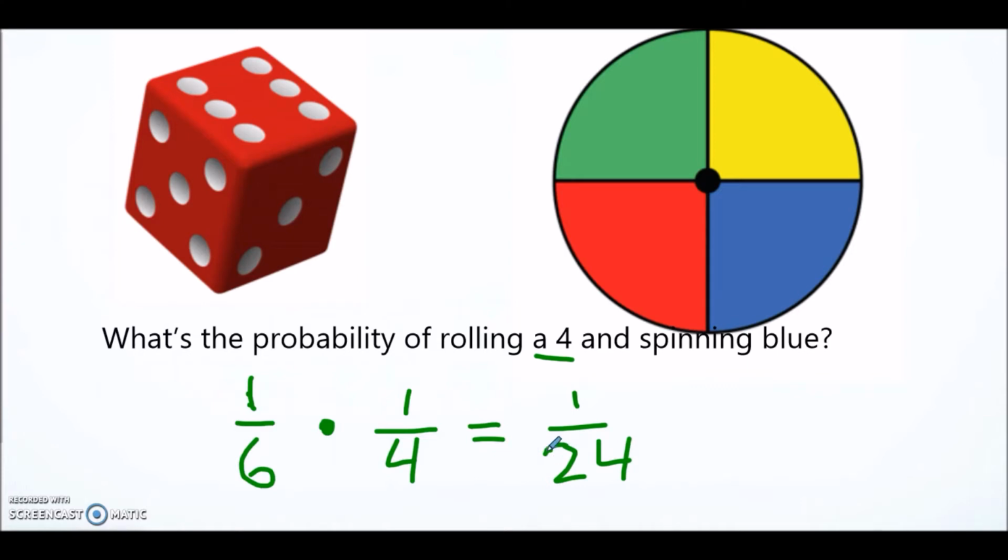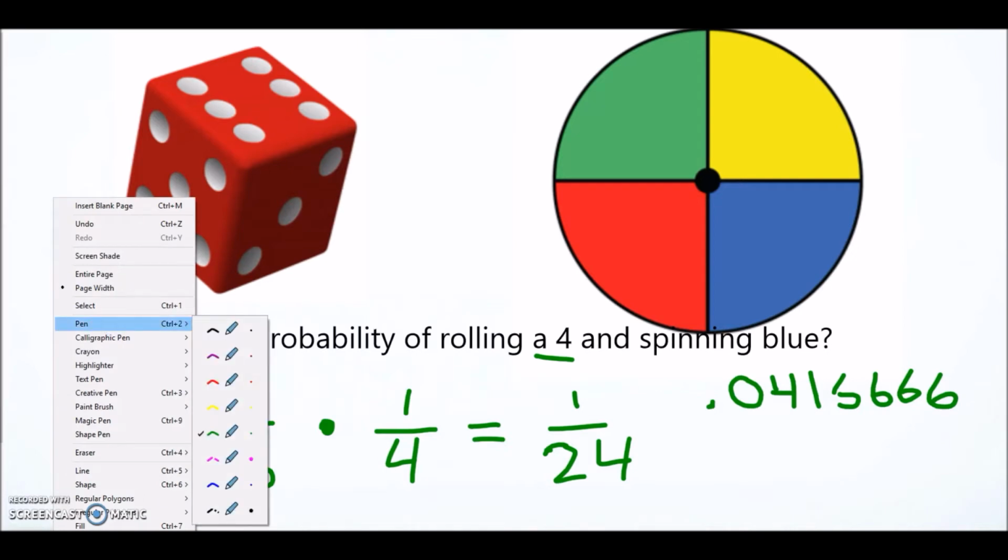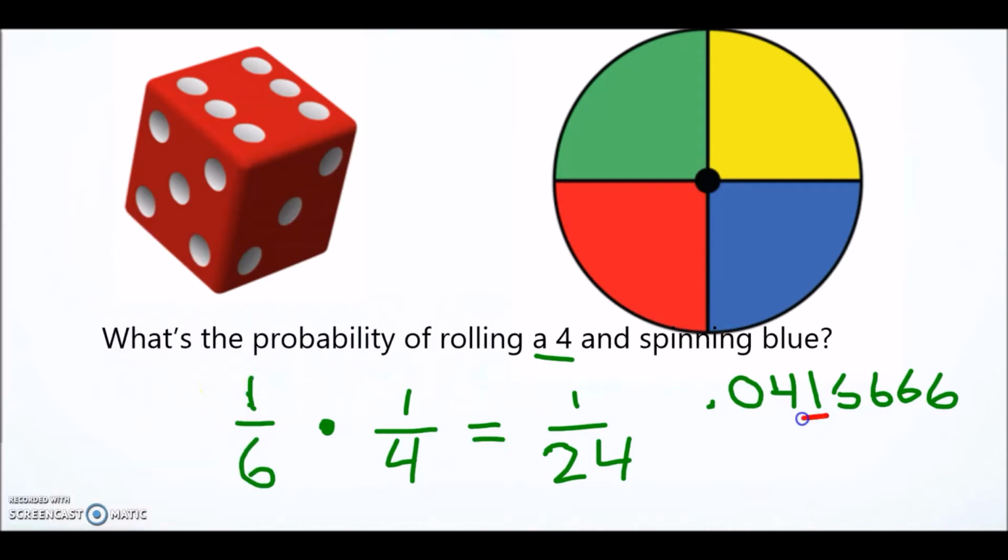In other problems, they want us to divide it into a decimal, and they want us to round it to 3 decimal places. The third decimal place in this answer is the 1. So we look at the 6. The 6 tells us to round up. So if they asked us for a decimal, 0.042 would be our final answer.